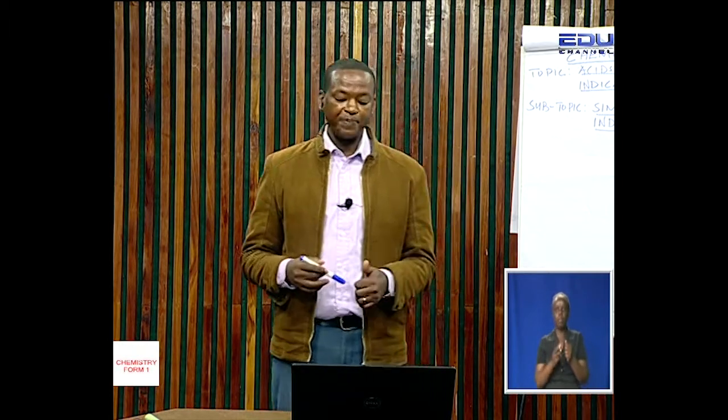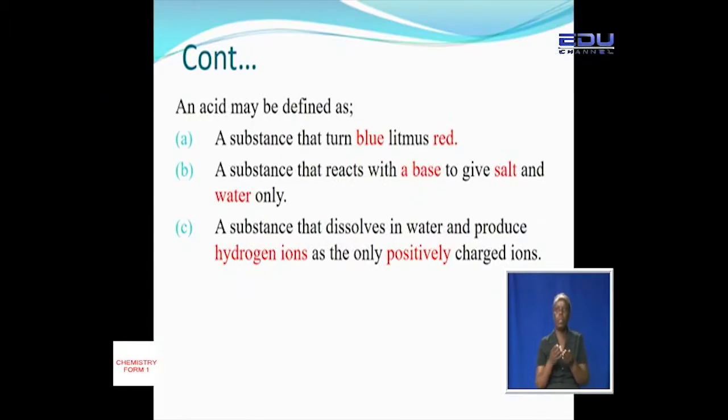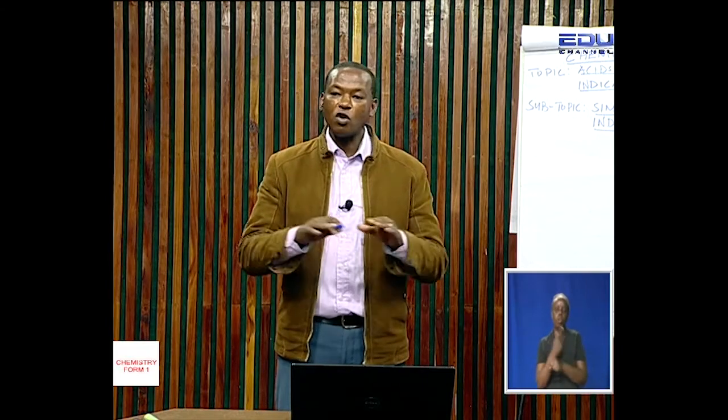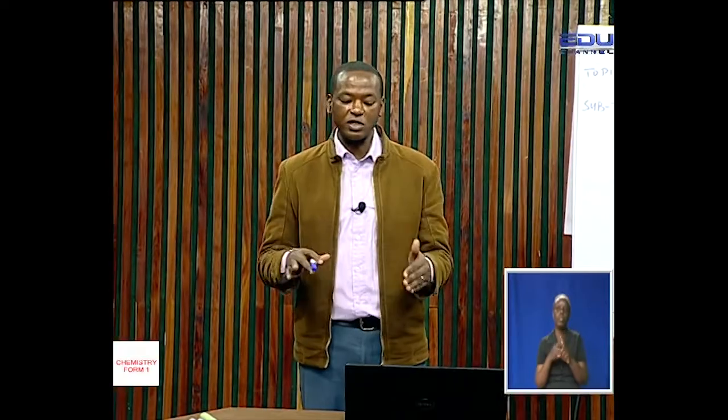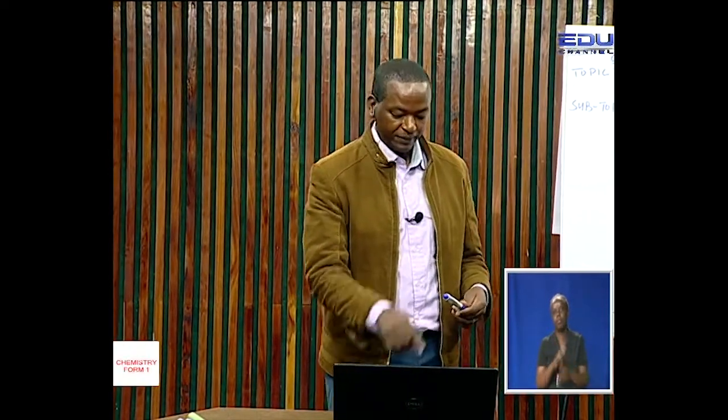And number three is a substance that dissolves in water and produces hydrogen ions as the only positively charged ion. Meaning, if it dissolves in water, no other positively charged ion is produced apart from hydrogen ion.